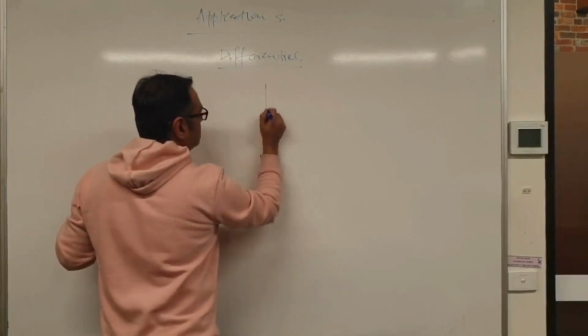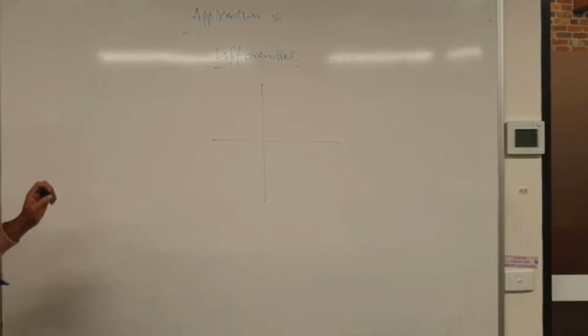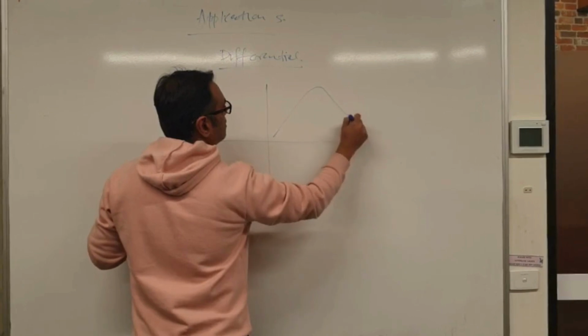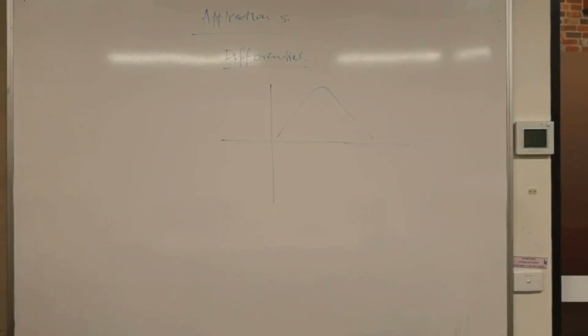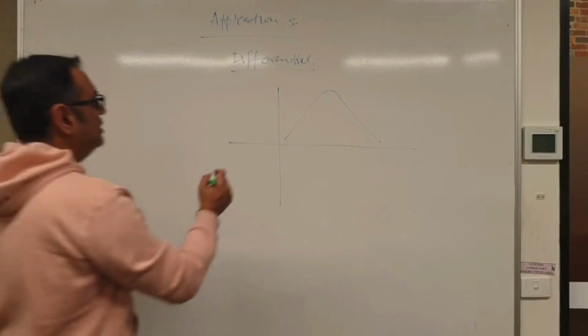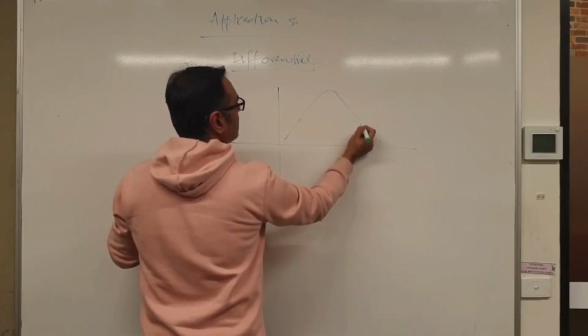So, for example, if I have a curve like this, I have to find the differential at this point, at this point, and at this point.